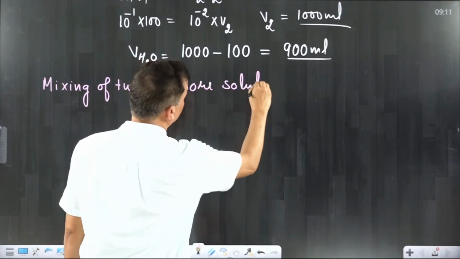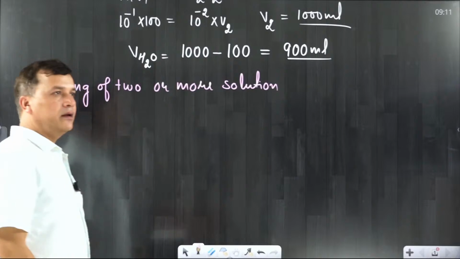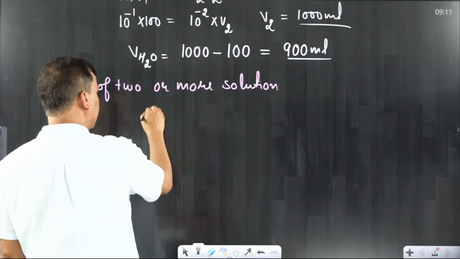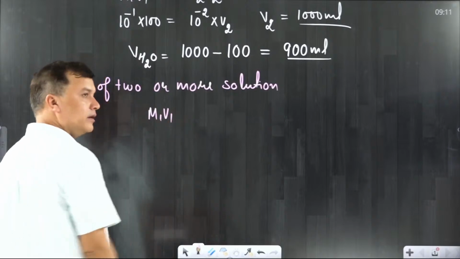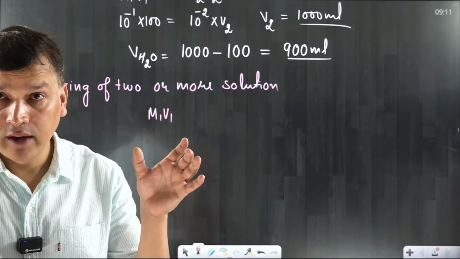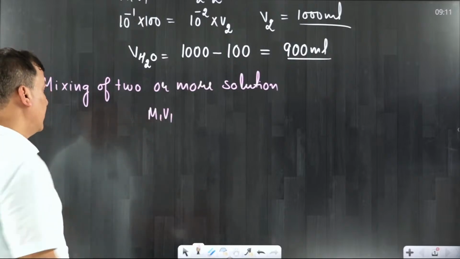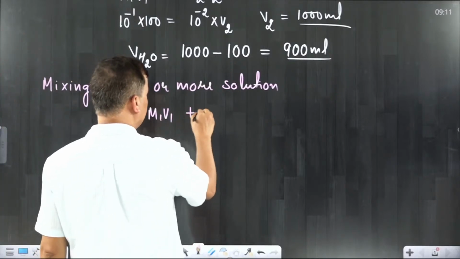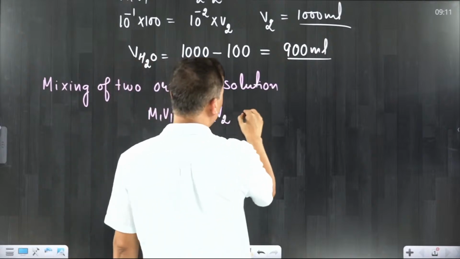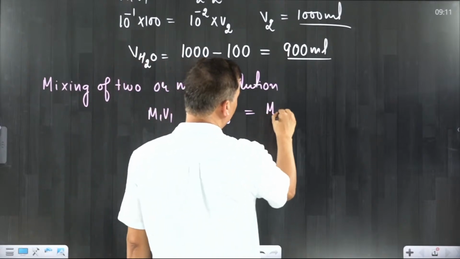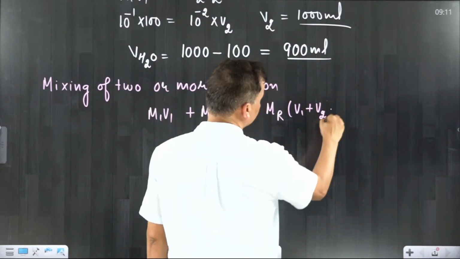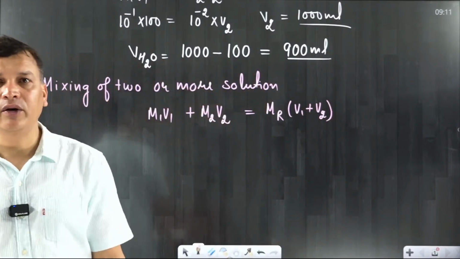So here I am writing the equation. For mixing of two solutions, M1 V1, the number of moles of one component, plus M2 V2 is equal to MR times V, where V is V1 plus V2. Are you understanding this point or not?